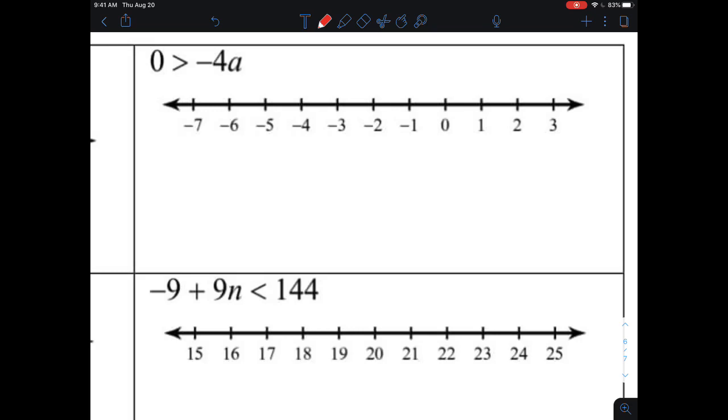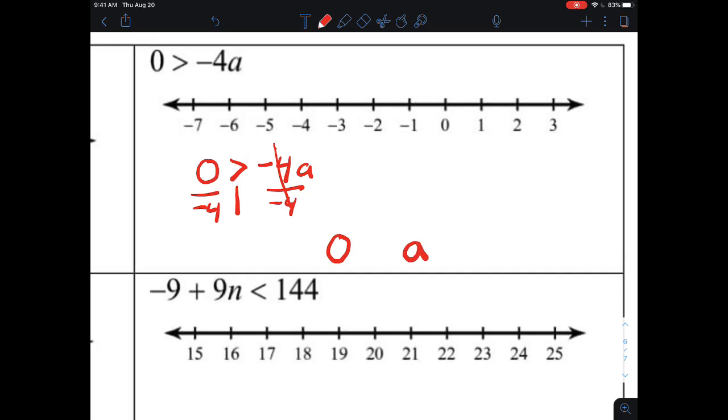Another one here. 0 is greater than negative 4a. And I wanted to get a all by itself. So what I would have to do is divide both sides by negative 4. 0 divided by negative 4 is 0. And then I would no longer have the negative 4 on the a.